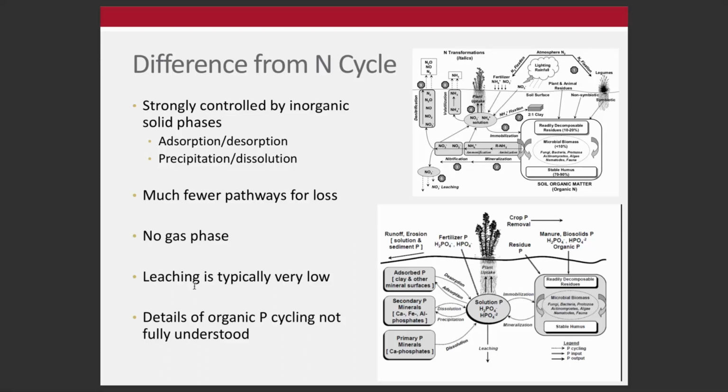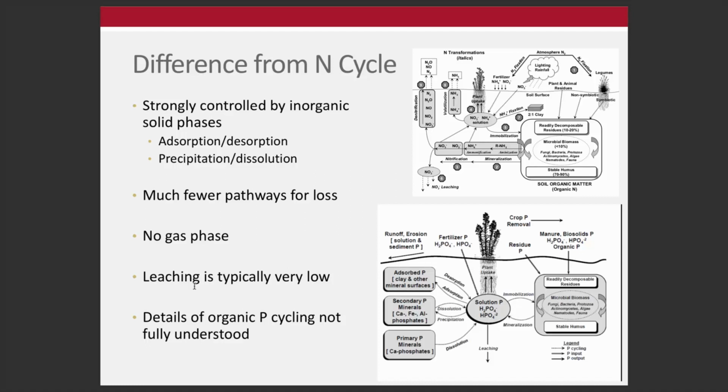Another piece that I won't really get into is that the details of organic phosphorus cycling are not particularly fully understood, and part of that is because it's very difficult to study phosphorus and organic phosphorus cycling. We don't have methodologically very good tools to do that. For nitrogen, we've got stable isotope forms of nitrogen, which have become really commonplace to manipulate and study. For phosphorus, it's not.